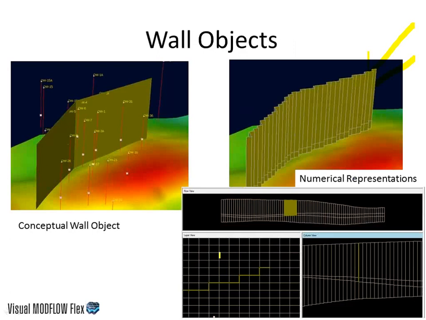And then if you look at the layer views in the bottom right here, you can see the cell edges. And likewise, in the row and column view, you can see the cell faces or the cell edges in different perspectives. So it's very flexible in terms of the 3D visualization of both the conceptual and the numerical representation.